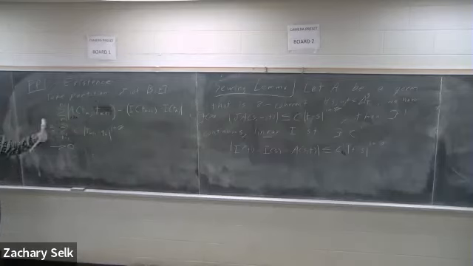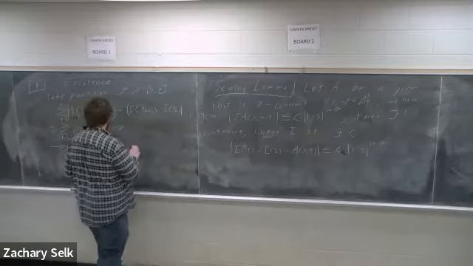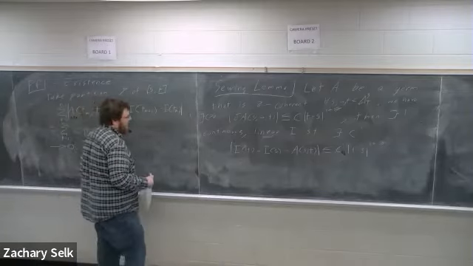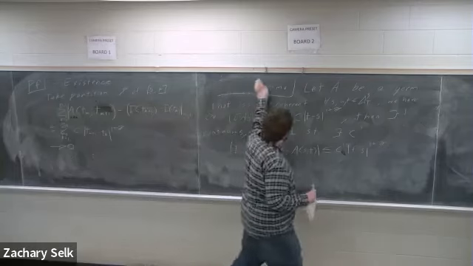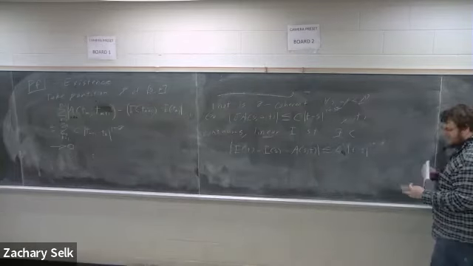So let's just check that this limit exists. Exactly. Just because of that property, it's going to have to be a Riemann sum. So let's show that this Riemann sum actually exists.